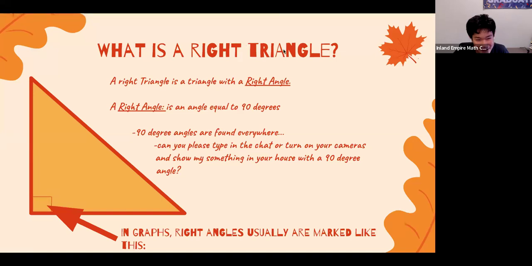While you're doing it, I will give an example. Look at this book. It's a pretty right angle, and I have a bunch of other books that form 90 degrees. Zachary says the keyboard. Yeah, my keyboard is also pretty much 90 degrees. Computer. Okay, cool.